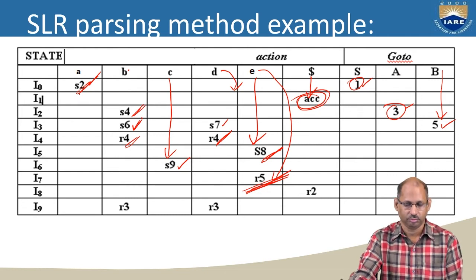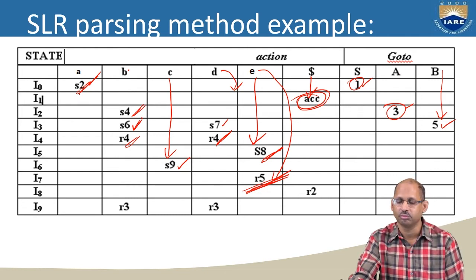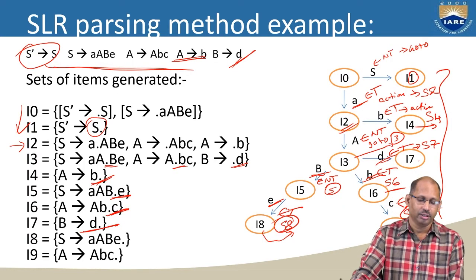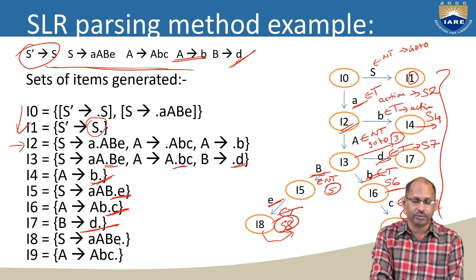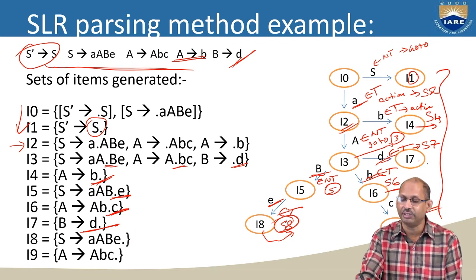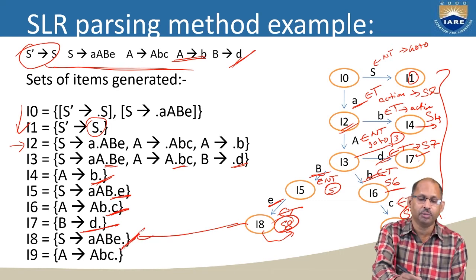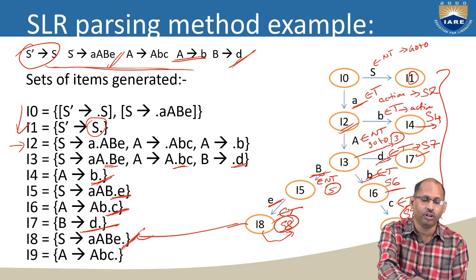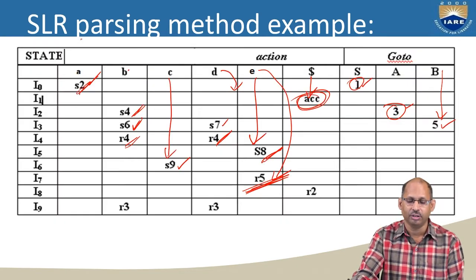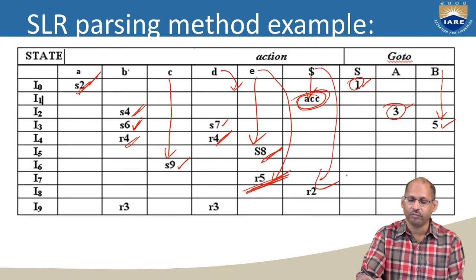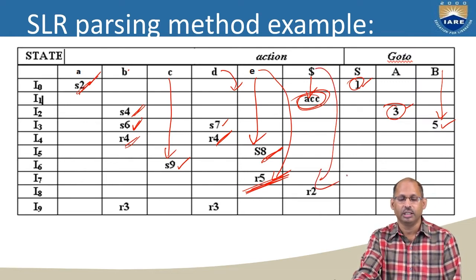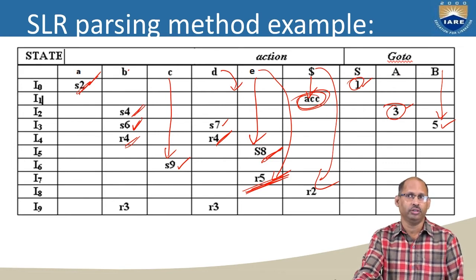Then I7 is over. I8 is dot at the end. What is the production number? What is the follow of S, it is dollar. So simply in the place of dollar we write R2, reduce by production number 2.